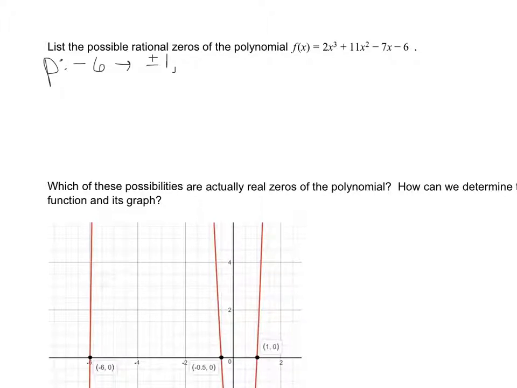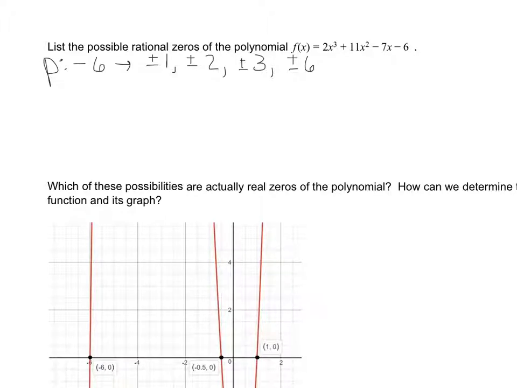I know positive and -2 are potential factors. Positive and -3 are potential factors. 4 doesn't go into 6, 5 doesn't go into 6. The last potential factor is positive and -6. Those are all the factors of 6.